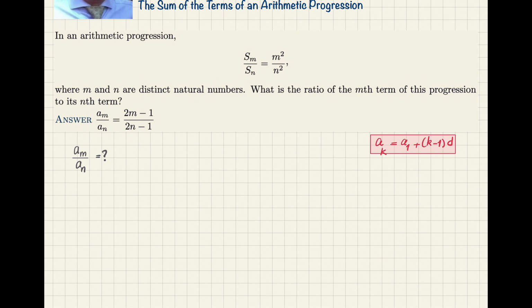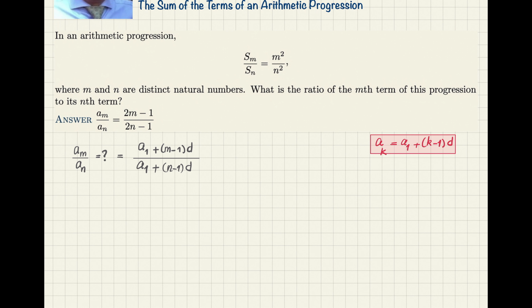Now if I continue, this becomes a sub 1 plus m minus 1 times d. I have just replaced k with m to write a sub m, and then the same story for the denominator, so it becomes a1 plus n minus 1 d.